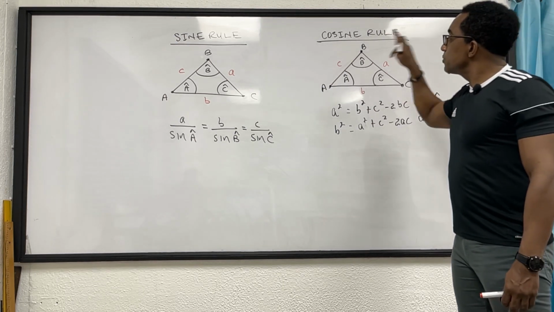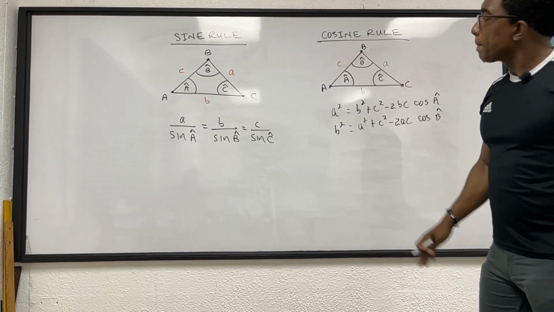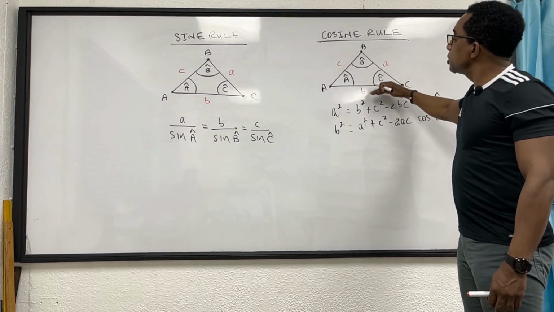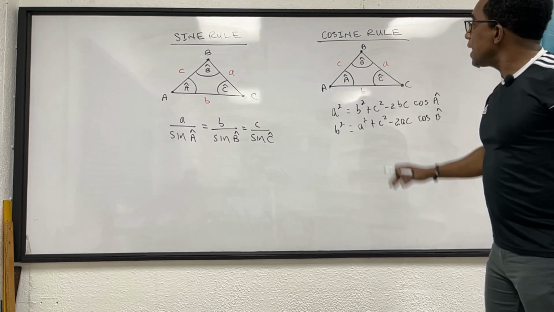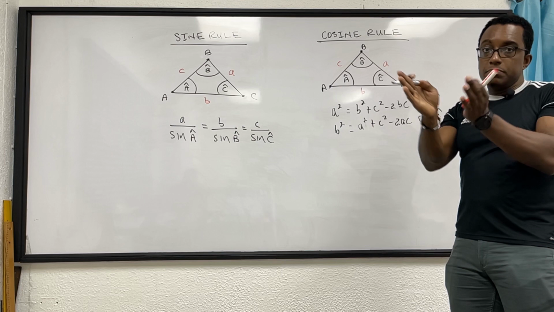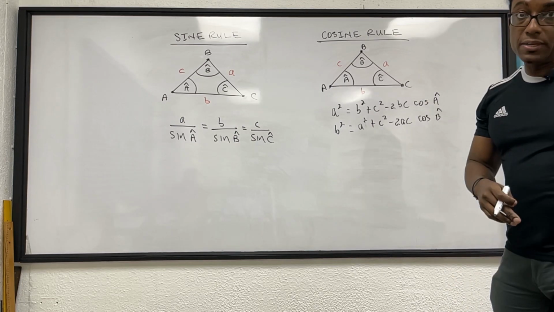Or if c is my unknown side and opposite to side c, I have information for two known sides and an included angle. Keeping in mind what the included angle is, where two sides meet to form that angle, it's known as the included angle.